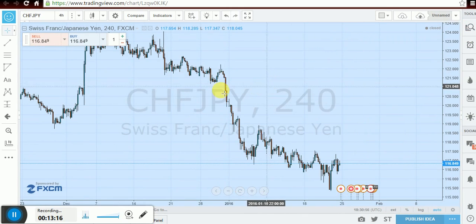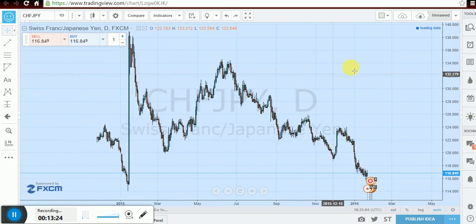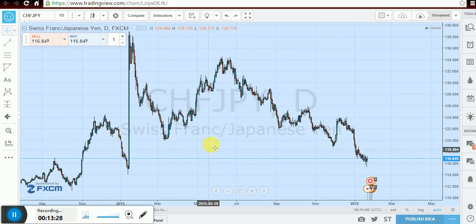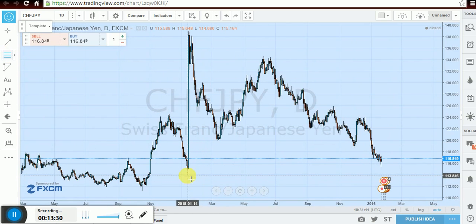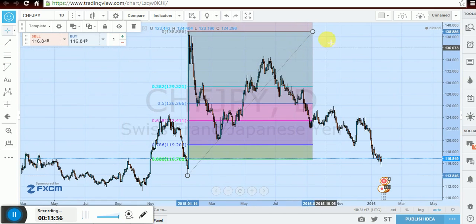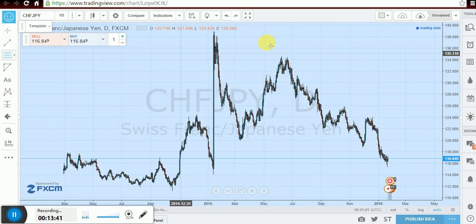I think we have a similar scenario with the euro yen on this pair. So let me put this on a daily time frame and see. Yeah, the market has come into, I don't think we have any kind of structure here. I don't think, this is a 786. No, okay, it is a 618. We do have a 618 retracement. Okay, so we do have a bullish Gartley pattern on this pair.